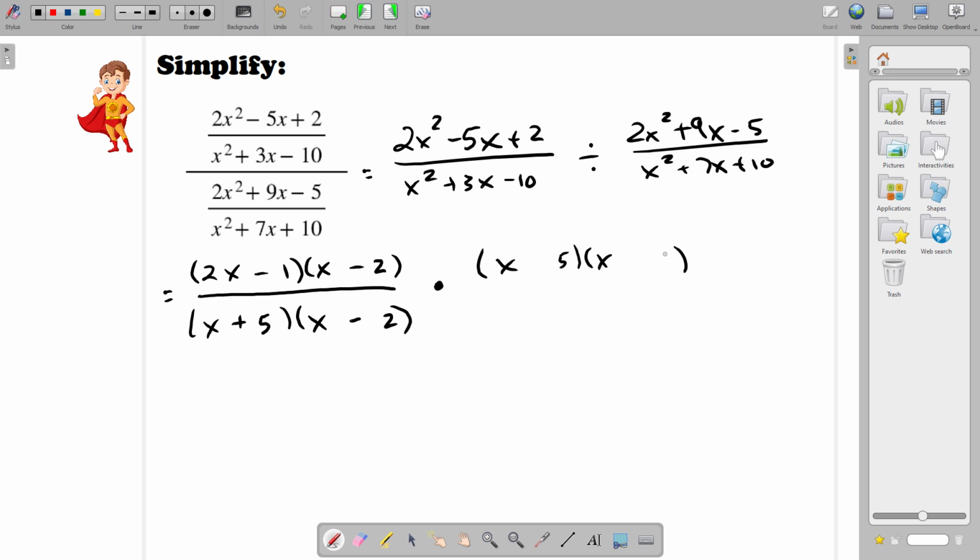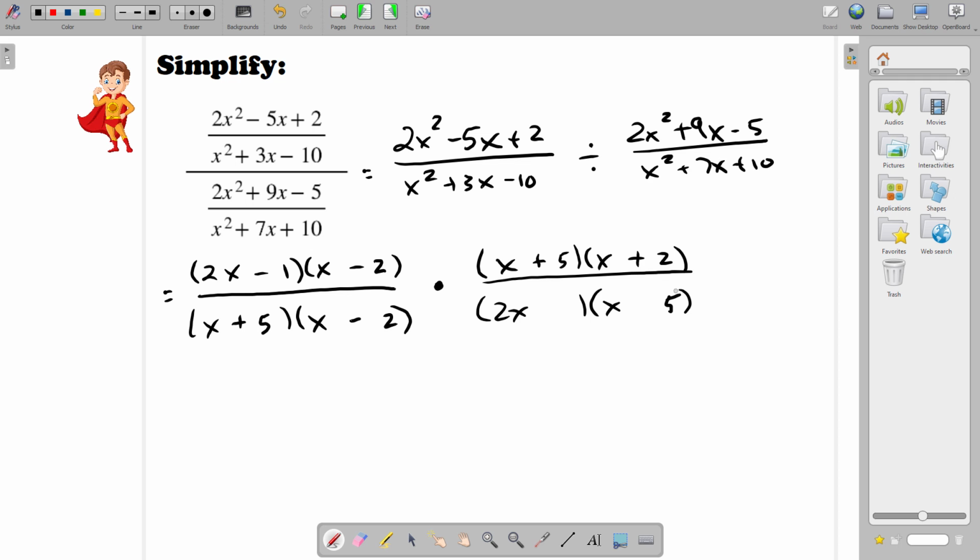Factors of 10 are 5 and 2 again, but this time we need a positive 7, so if I make both of those positive, I get x squared, 2x, and 5x is 7x. 5 times 2 is positive 10. On the bottom, I've got 2x and x, and we need a 9 with our 5.